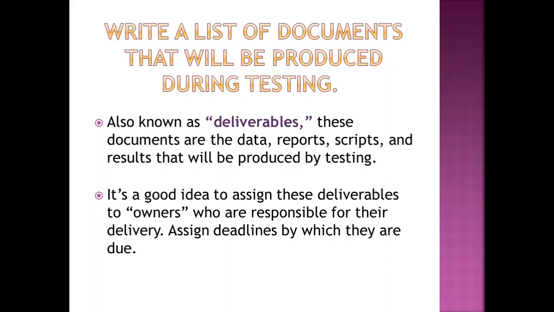Then you move on to the documents or the deliverables of the testing process. As you proceed with your software testing, you have to produce a number of deliverables. You're going to list down your deliverables, and the owners who are going to be responsible for preparing and signing off those documents should also be mentioned.